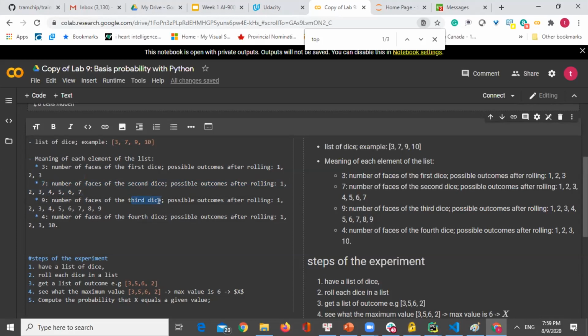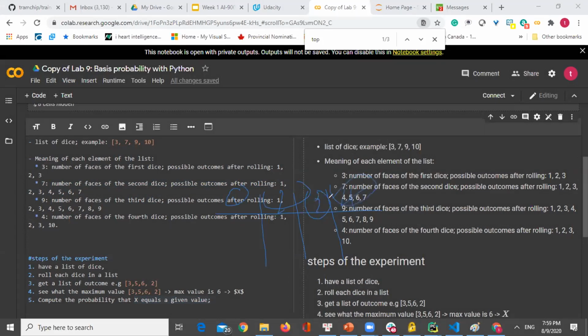Because we have 4 dice here. So is it like we compare x to this group, or do we compare it to, okay, let me draw it out for you. I have another meeting soon, but let me quickly draw it out. So okay, we have 1, 2, 3, 4, right?